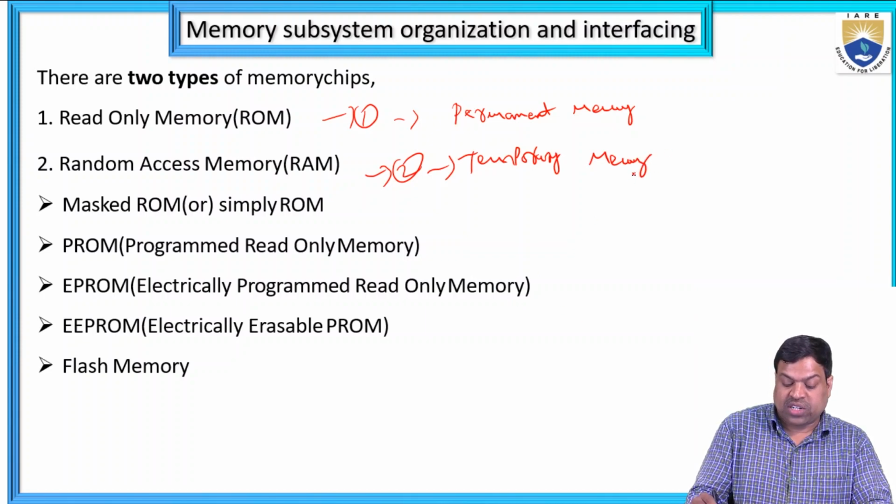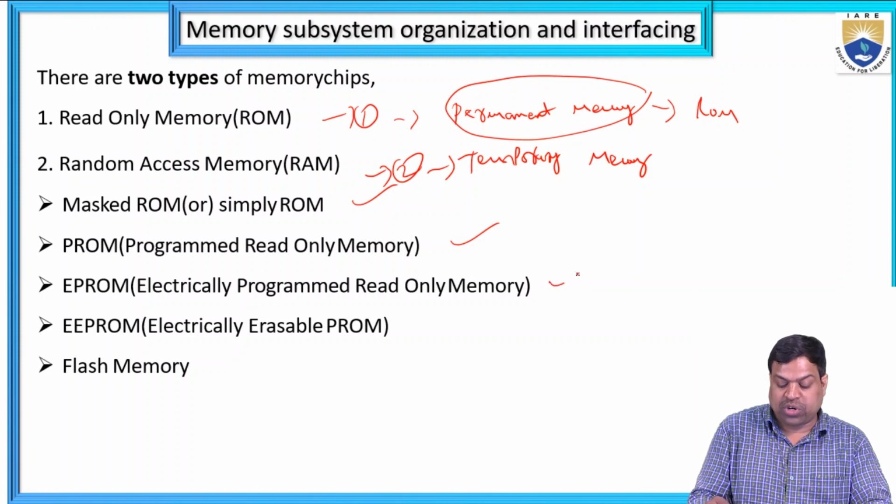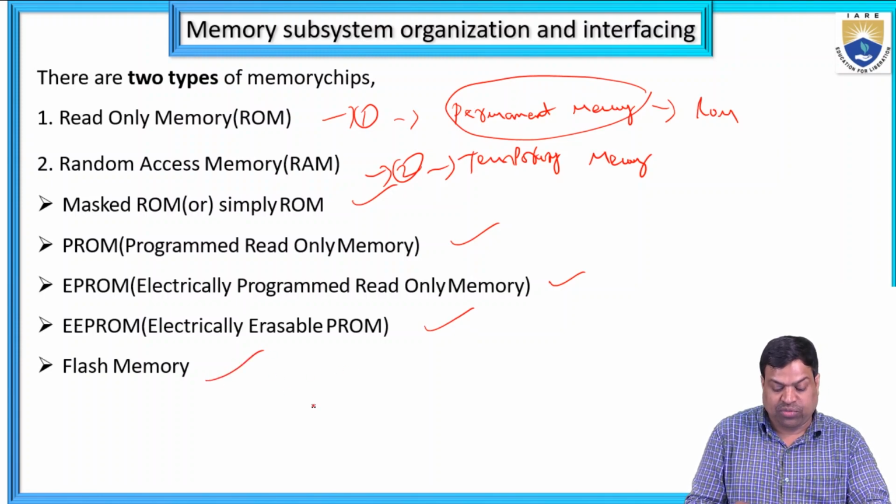There are many types of ROMs. The first one is masked ROM, or simply ROM, then programmable read-only memory, electrically programmable read-only memory, electrically erasable programmable read-only memory, and flash memory. These are the types of ROMs.